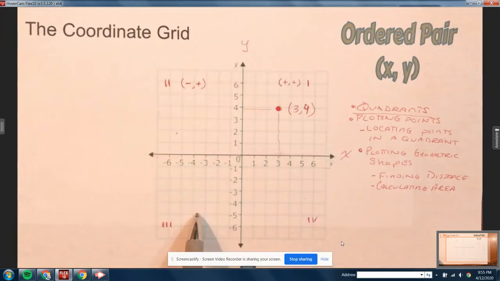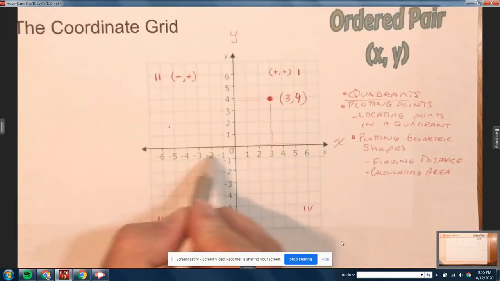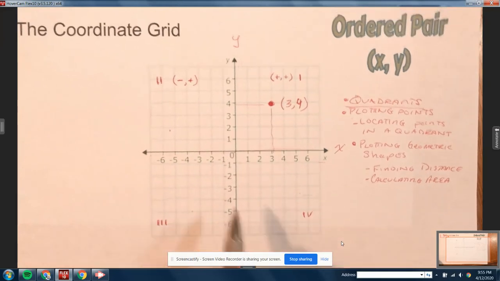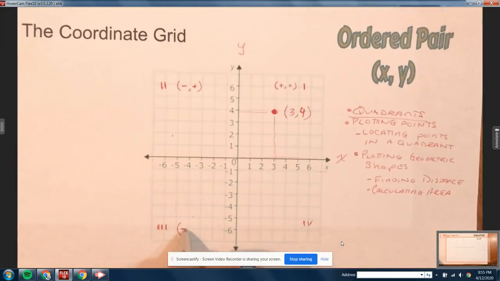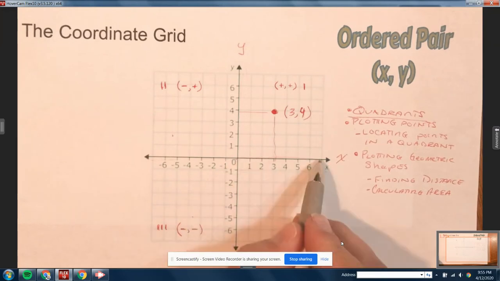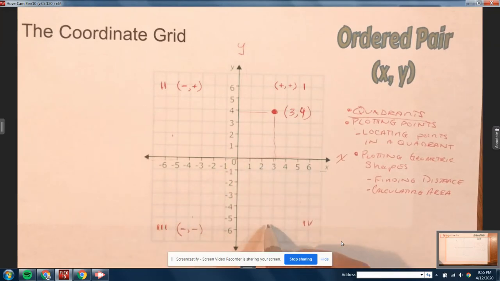And then down here in quadrant 3, we can see that our x values are negative and our y values are negative. And over here in quadrant 4, our x values are positive, but our y values are negative.